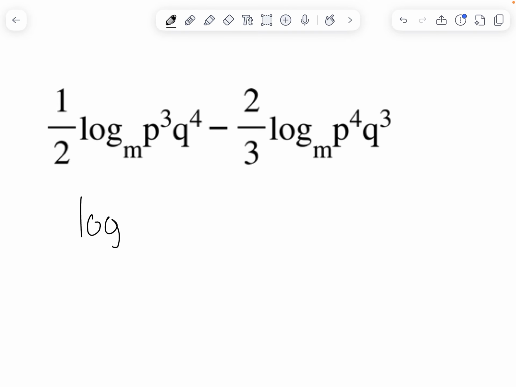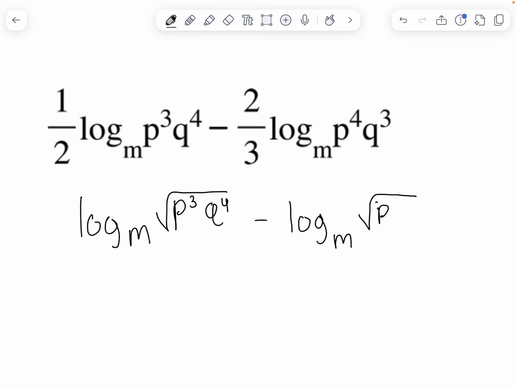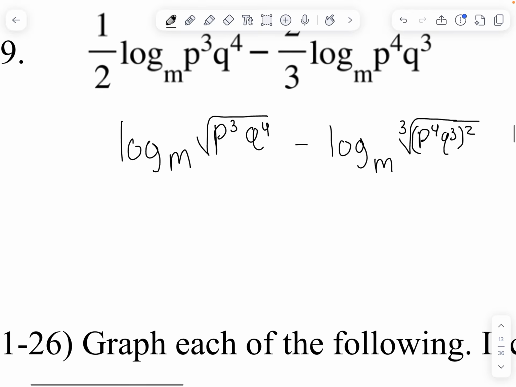So log base m of square root p cubed and q to the power of 4 minus log m of p to the 4, q to the 3 squared, and then the root 3. Yeah. Now we simplify.